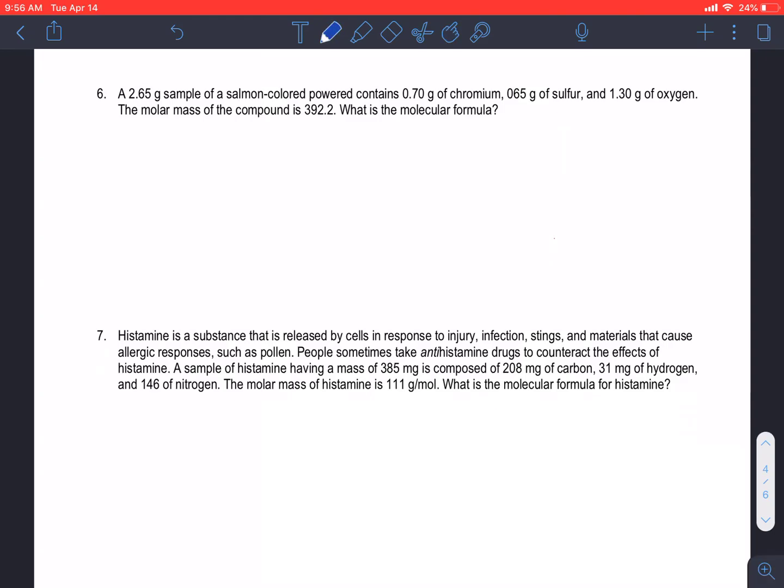On 6 and 7, you're going to have to actually find the empirical formula first based on the data that's given. If you look at the data that's given, 0.7 grams of chromium, this should be 0.65 grams of sulfur, and 1.3 grams of oxygen. These are not given in percents, they're already given in grams.